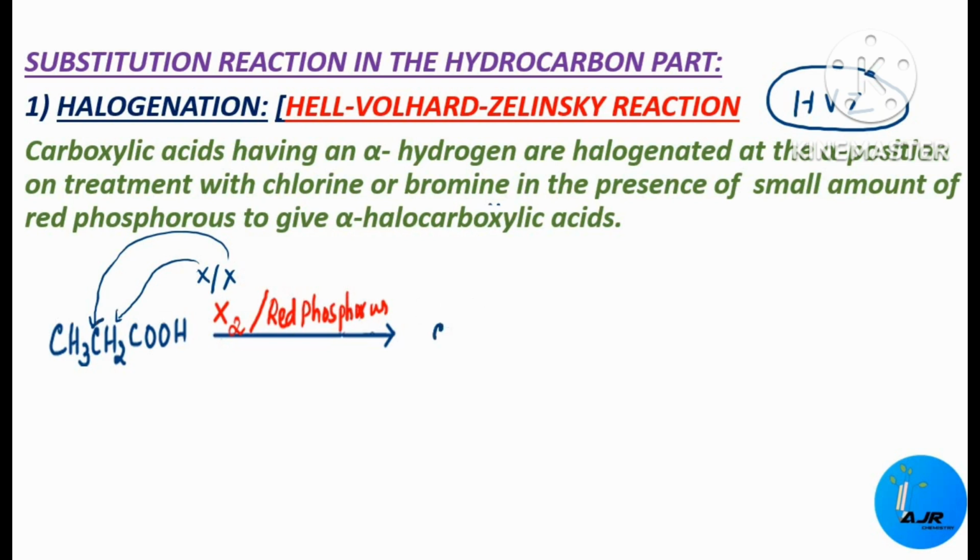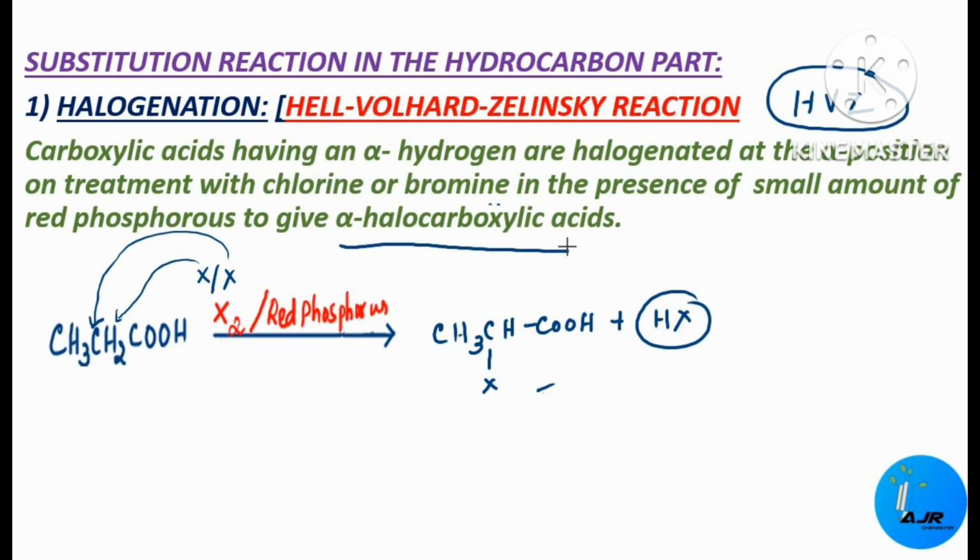So we'll be getting CH3CHXCOOH plus HX. So this is the product, alpha halocarboxylic acid. This reaction is called the Hell-Vollhard-Zelinsky reaction or HVZ reaction. Understood, students? This is a very important reaction.